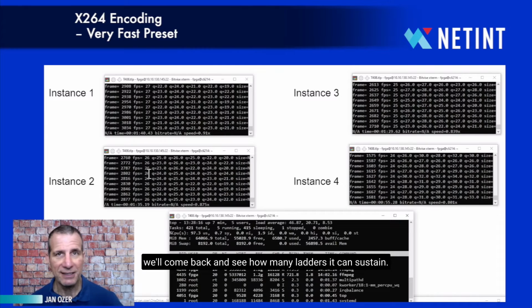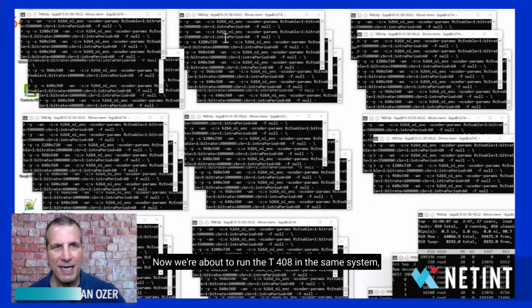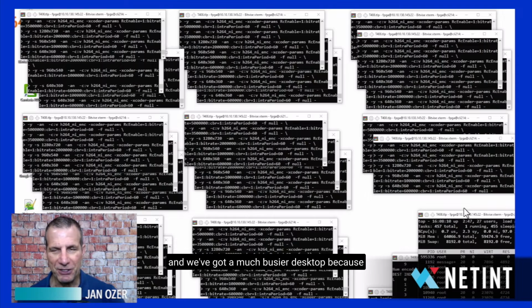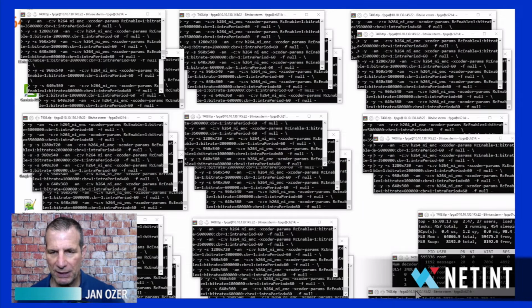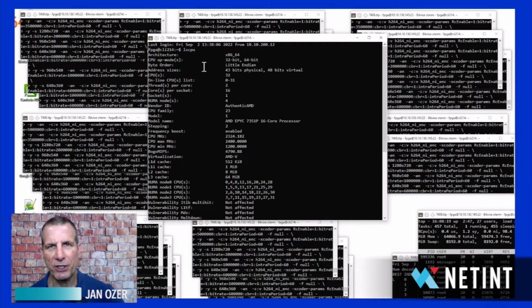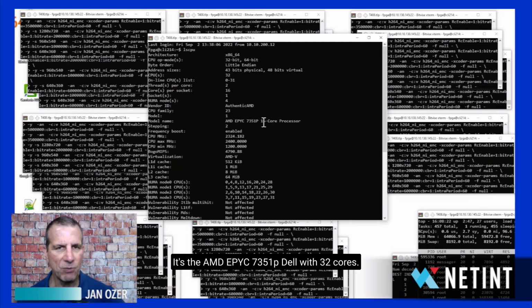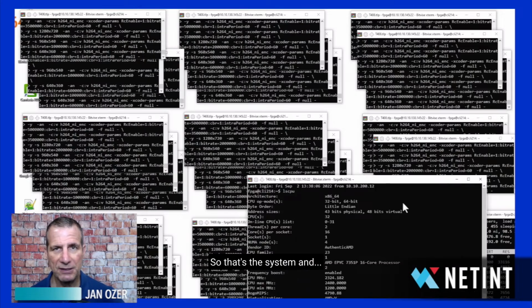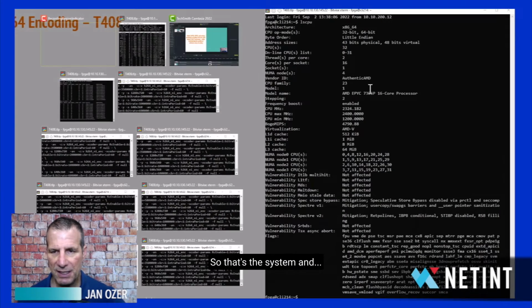Now we're about to run the T408s in the same system, and we've got a much busier desktop because we're going to be encoding many more ladders. I just wanted to show you that we're working on the same system we were a moment ago. It's the AMD EPYC 7351P Dell with 32 cores.